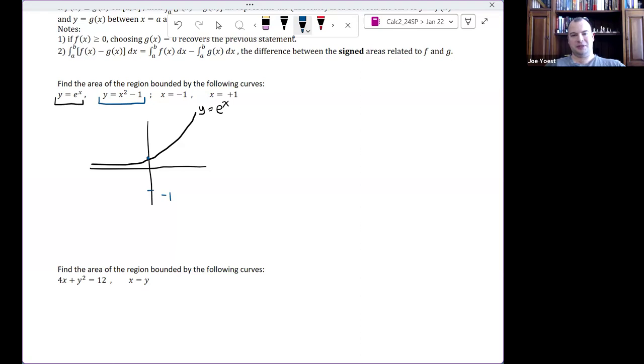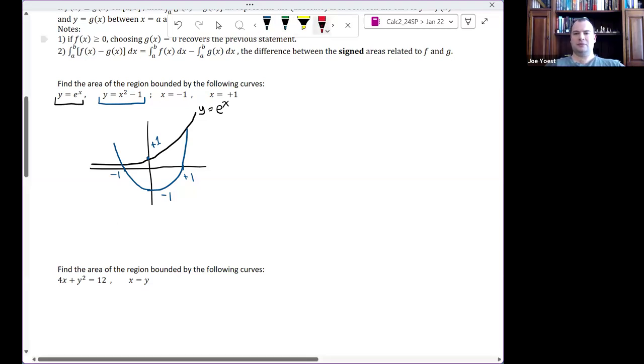This intercept is at 0, +1. So x squared minus 1 has x-intercepts at -1 and +1. Okay, there we go.